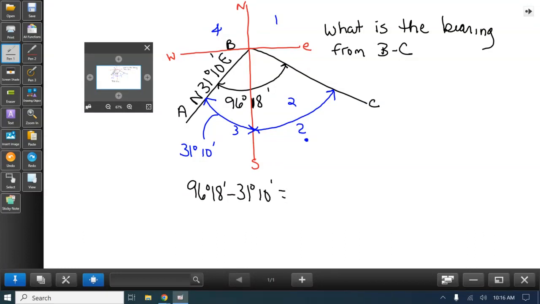So because we had the whole angle, we just subtract out this, and that leaves us with what's left over. 65 degrees, 8 minutes. Yep. And then it's coming from south going east, so it's south 65 degrees, 8 minutes. Yep. So that wasn't too bad.